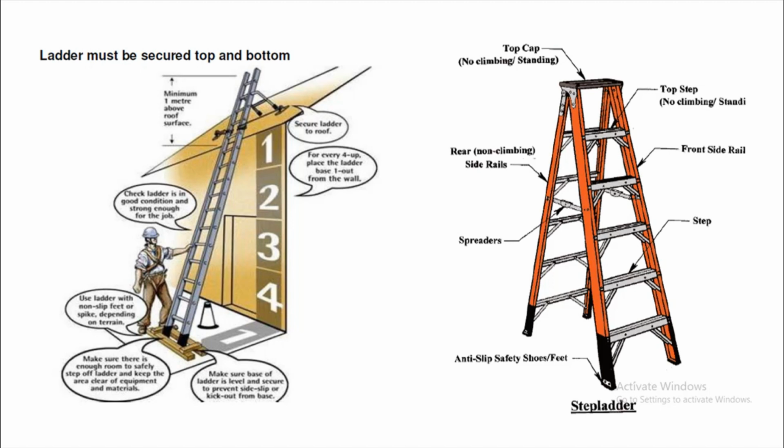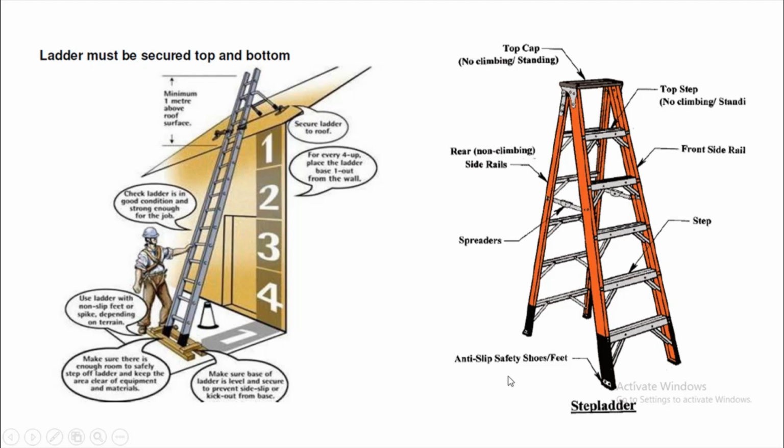Front side rails, steps. Okay, spreaders. You can see sometimes there are persons standing on the top cap. This is not acceptable. Okay, make sure that the spreaders are fully extended so that the ladder is stable.